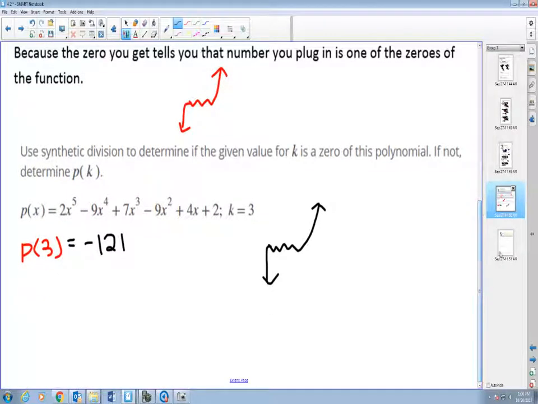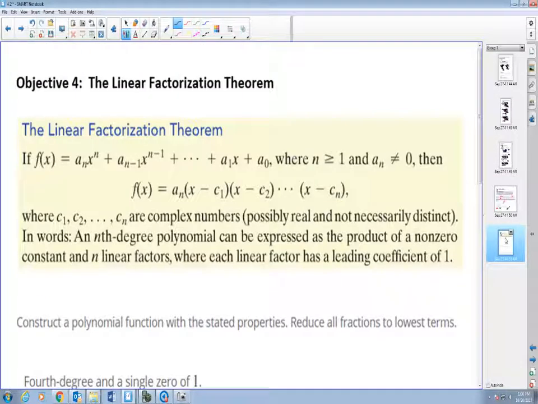I want to wrap up this video by talking to you a little bit about something called the linear factorization theorem. The linear factorization theorem is basically saying that for any given polynomial, we can write its factors in linear form. That means all the exponents can be written as to the 1st power.